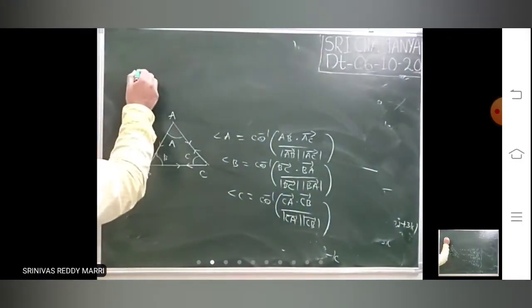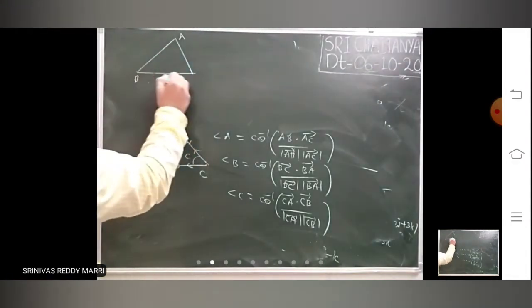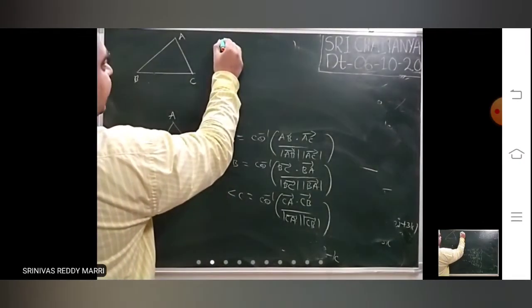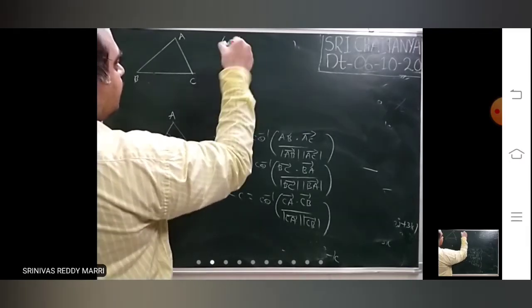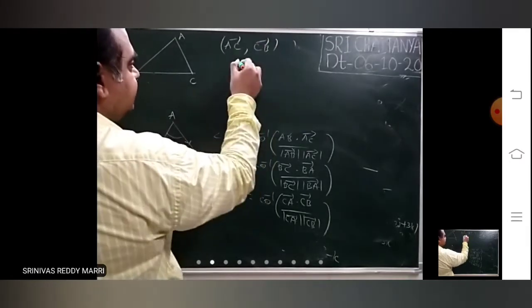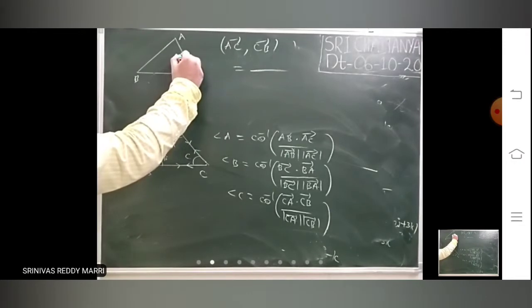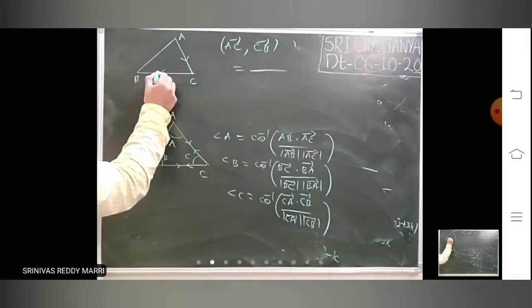Suppose I am asking one question. Look at triangle ABC. I am asking the angle between AC bar and CB bar. By mistake you will write angle C, but C is not the angle. AC bar is in this direction, CB bar is in this direction.